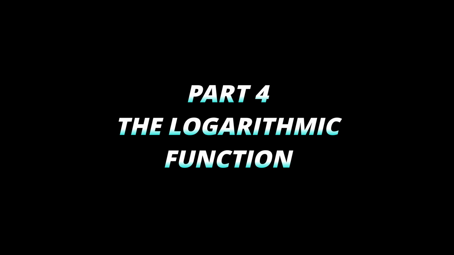Part 4, the logarithmic function. Alright, so this part of the video will be dedicated to analyzing and interpreting the logarithmic function. But first of all, what really is this function? Well, it's just going to be something of the form y is equal to a times log base b of x minus h plus k, where y, b, and x are all essential components of this function.